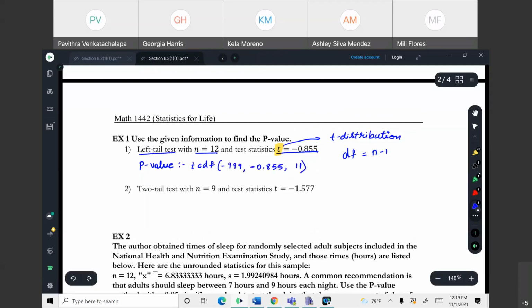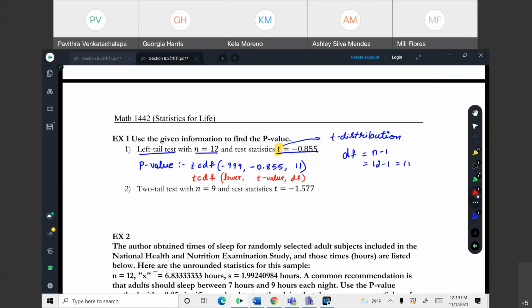So how did I get this 11? It is n minus 1, 12 minus 1, which is 11. This is your lower value. This is the t value, and this is the df value. This is TCDF. And this is how you find the p-value or the area.